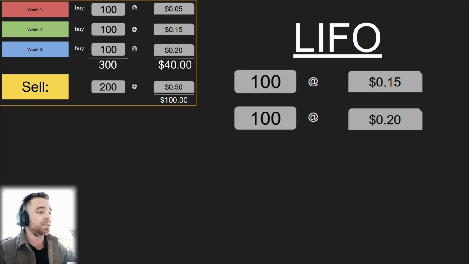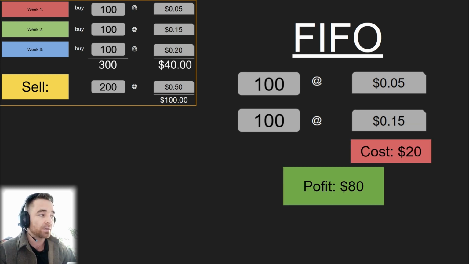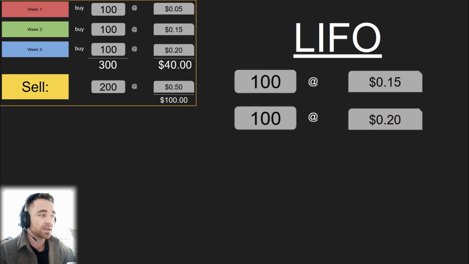So if we go to last in, first out, you'll notice the numbers change. Look closely. That's the numbers for first in, first out. That's the numbers for last in, first out. What happened? Well, the assumptions that we're making about the order that we're selling them in is changing. So for last in, first out, instead of assuming we're selling week 1 and week 2, we're assuming that we're selling the most recent arrivals into our factory first.